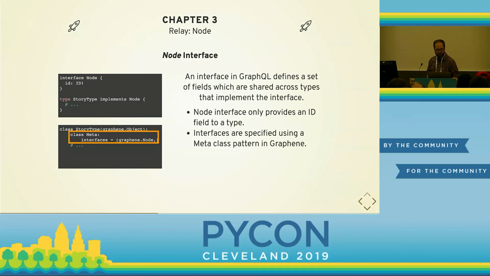In Graphene, we just need to use this meta class pattern, like an inner class inside of our Graphene object that has an attribute that specifies the interfaces that we're going to be implementing. It's pretty similar to a pattern that's used by Django and other popular Python frameworks, so you may have seen it before.